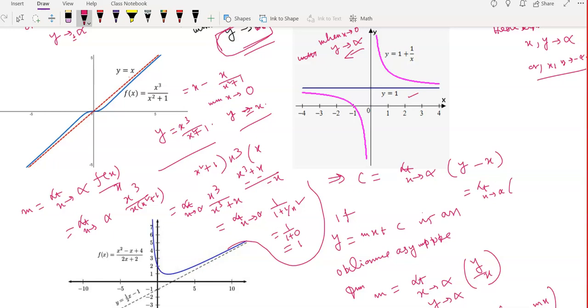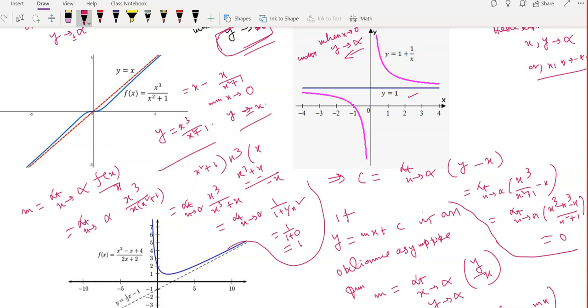So there you substitute the y value, x square plus 1, sorry, x cubed plus x over x square plus 1, minus x. This will be c. So you understand how to find oblique asymptote.